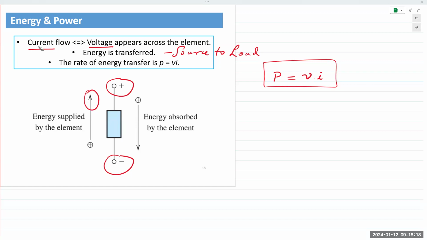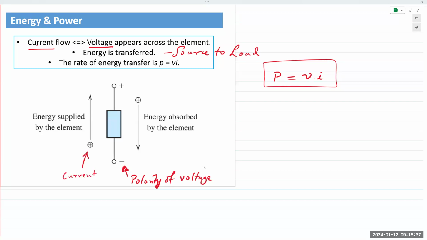Okay. This minus and this plus sign is showing the polarity of the voltage. And this is showing the current flow.